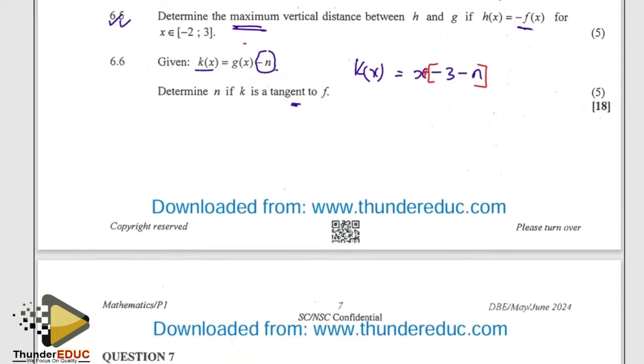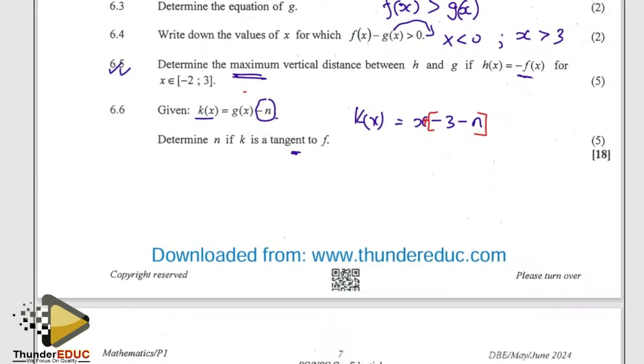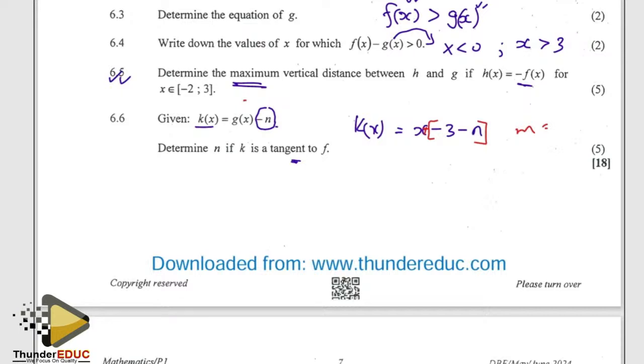But from this, I know that the gradient is 1 for this line. Now, if we have a tangent and a graph meeting at a certain point, it simply means that their gradients have to be the same.